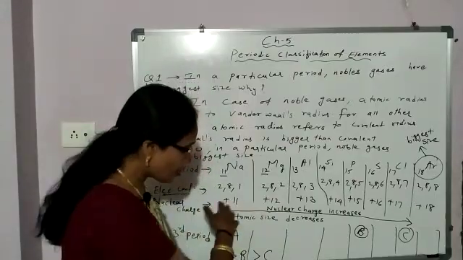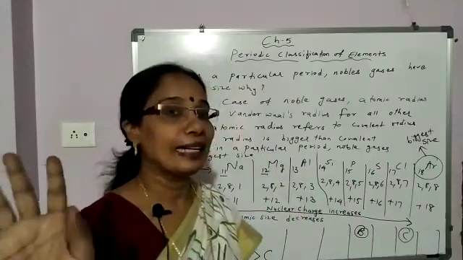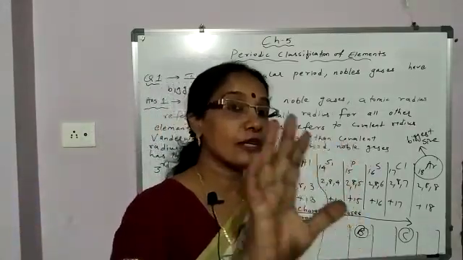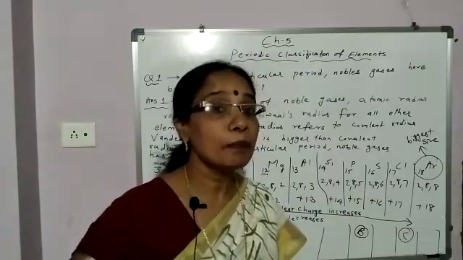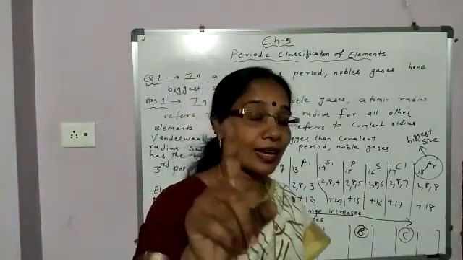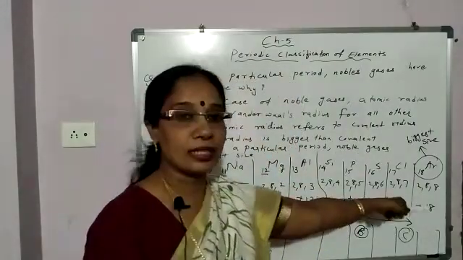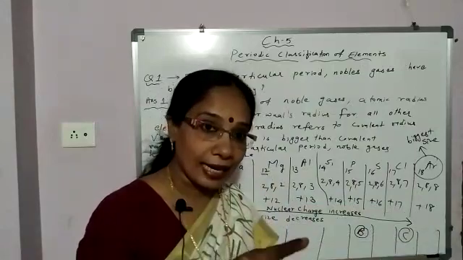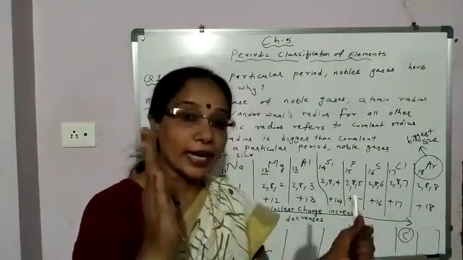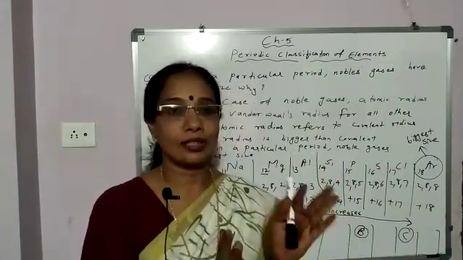Okay. So such types of questions can be asked based on the variation of atomic radius in a period. Clear? So what is the variation of atomic size or atomic radius in a period? As you move from left to right in a period, atomic size decreases. Why does atomic size decrease? Because nuclear charge increases.